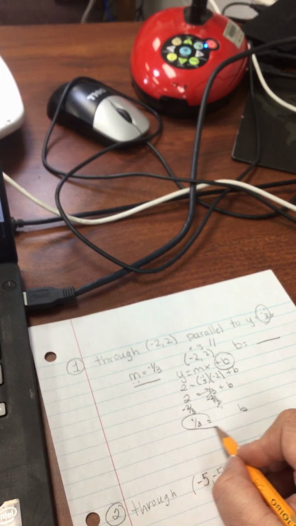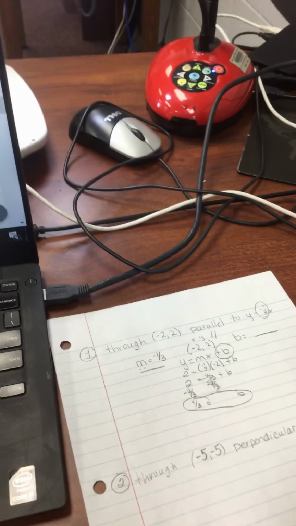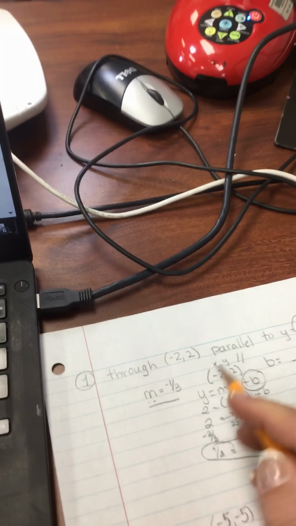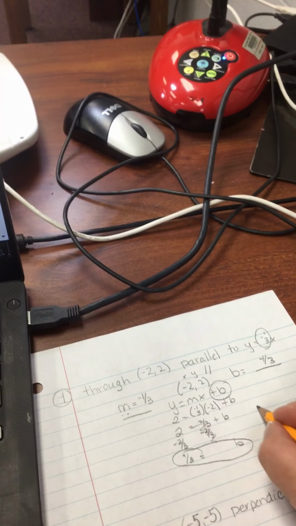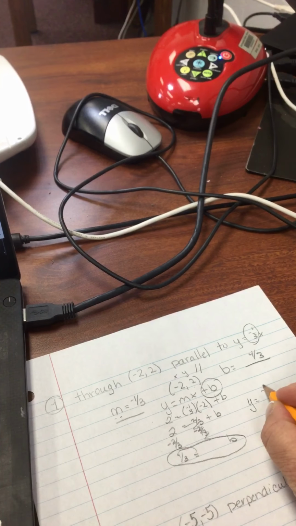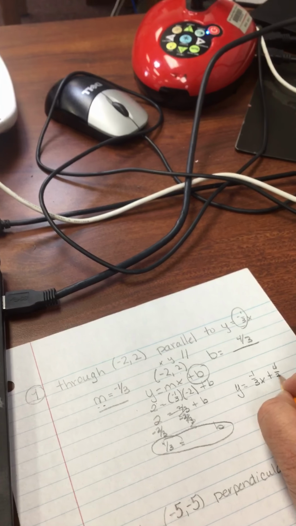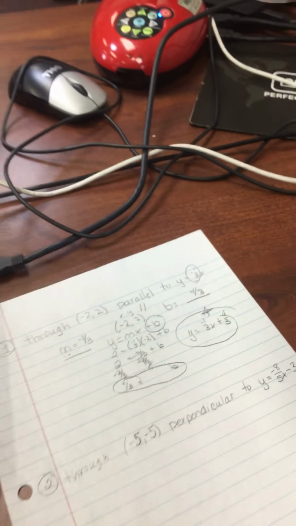So the slope of this line, if I haven't made a math mistake, is 4/3. I'm sorry, not the slope, the y-intercept. We found the slope from the old equation, -1/3. So the answer to this question, write an equation, is y = -1/3 x + 4/3. So that is your answer.